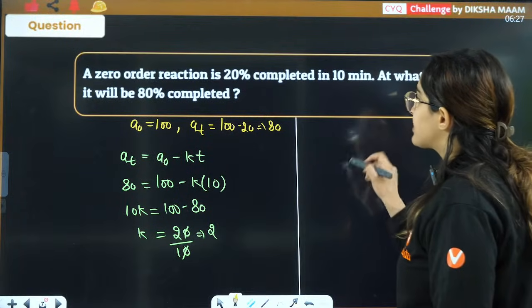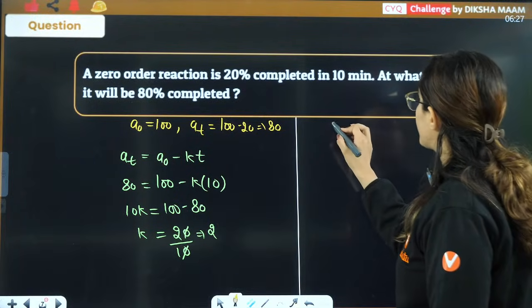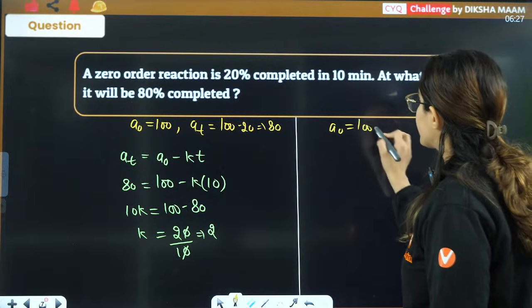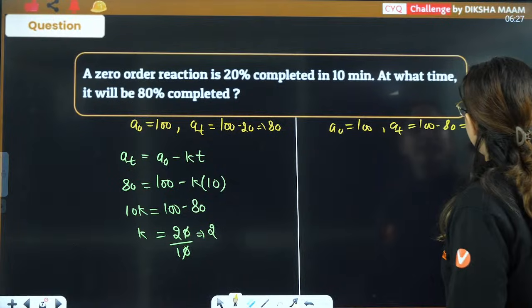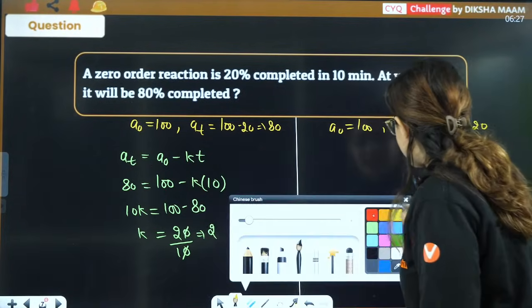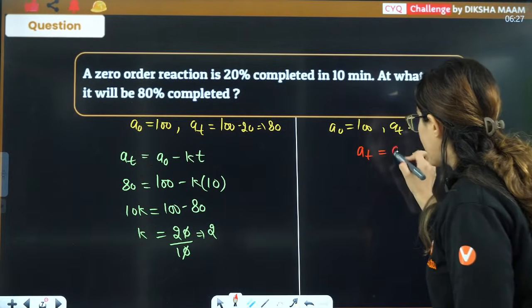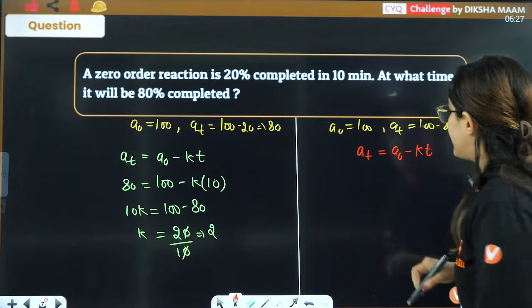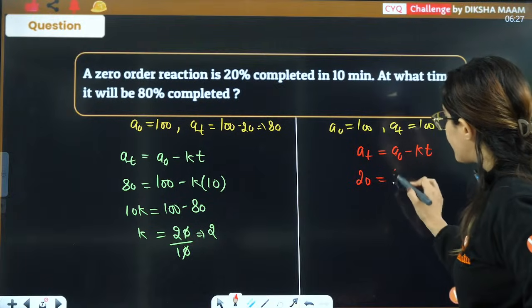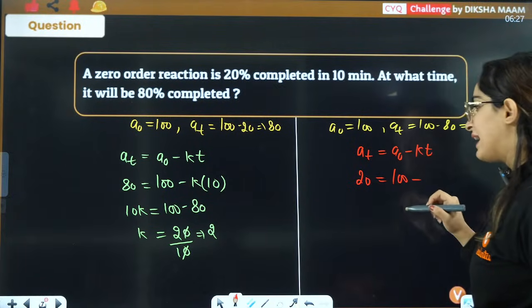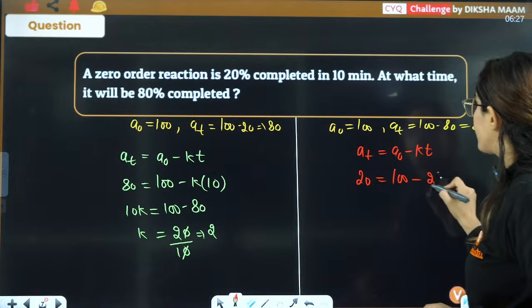Now again we are saying after 80% completion, what will be there? After 80%, A naught is 100, and what is left is 100 minus 80, that is 20. So I'll apply the same method here. A is equal to A naught minus kt. A is 20, A naught is 100, this is minus k, and the value of k is given to be 2.